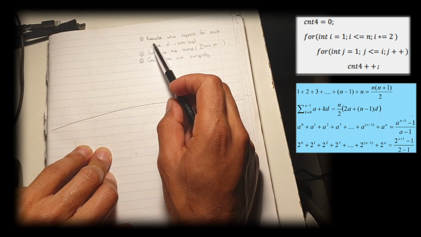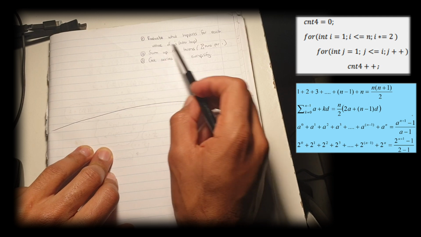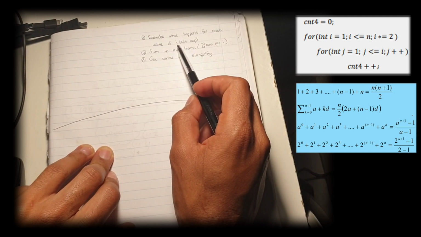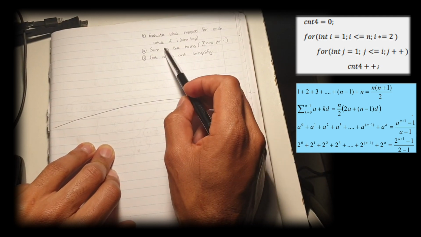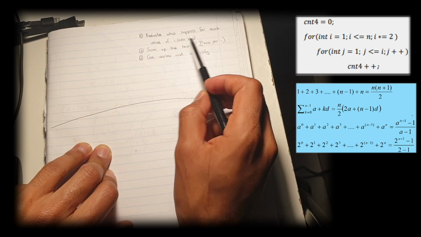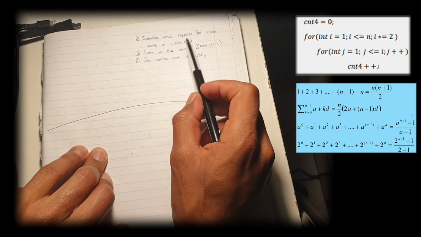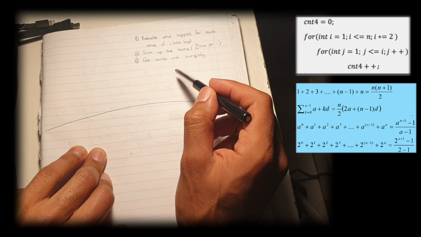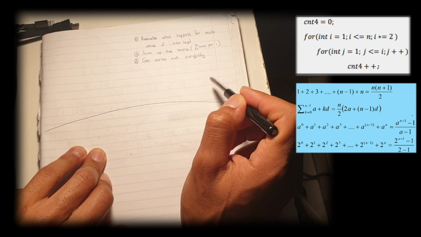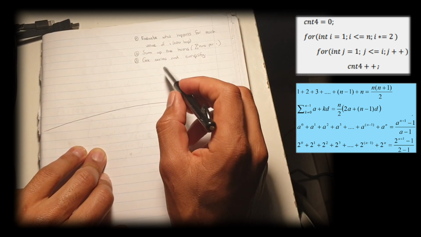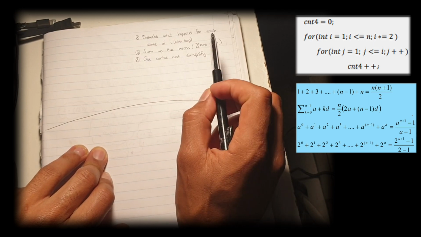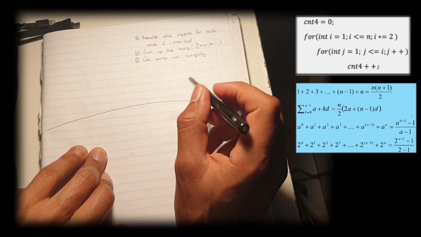And then by this, I mean, you ask yourself, for each value of I, how many times does the inner function run, or does the inner loop run, right? And then step 2 is after you've evaluated for, let's say, I is equals to 1, I is equals to 2, I is equals to 3, I is equals to 4, you then sum up the terms, right?